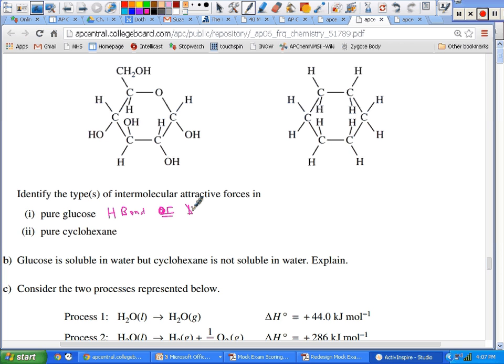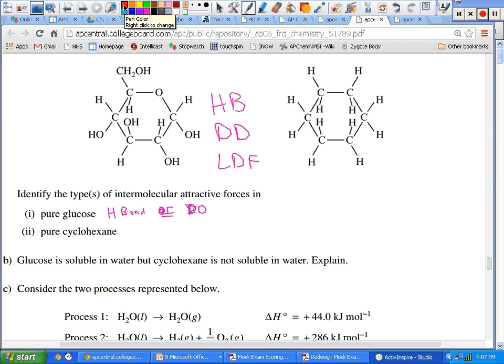Now, you've got to remember something, and this is something that I haven't done a great job of explaining, but it's a fact. The way that it works is LDF is the weakest. Dipole is the next strongest, and then H bond is the strongest. If it has a hydrogen bond, it also has a dipole and an LDF.